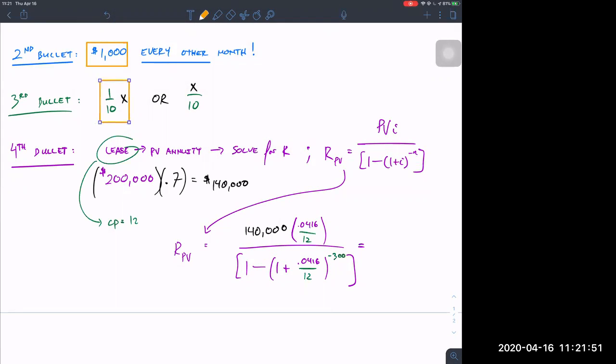That's going to be used for our model. And this answer will be, well, whatever this is, times 0.0416, 12, divide by 1 minus 1 plus 0.0416, 12 is to the negative 300.